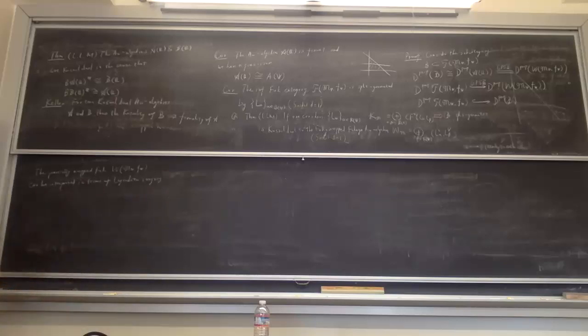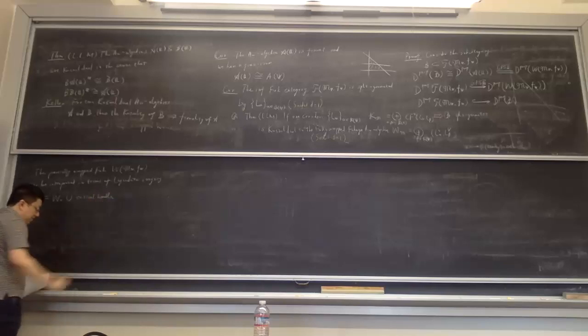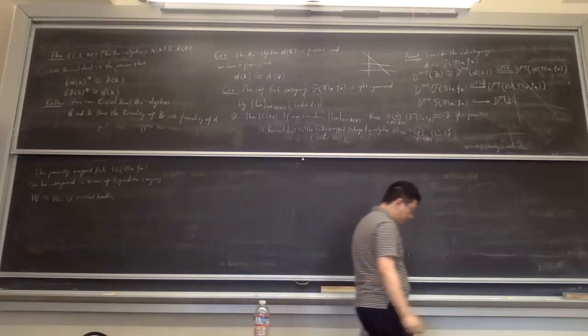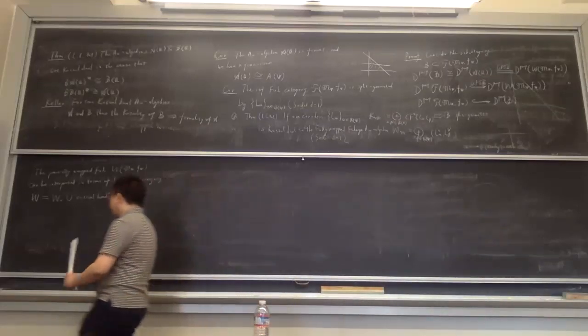What I mean is that consider a Weinstein manifold. You can always write it as W0 union with some critical handles. So these are Weinstein handles corresponding to critical points of a Morse function of index equal to the complex dimension of your Weinstein manifold.